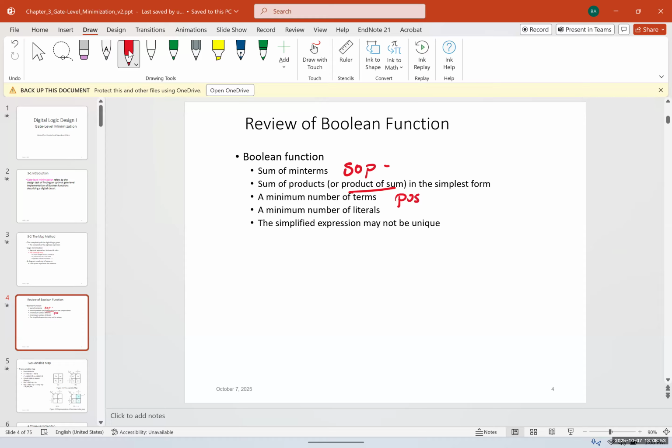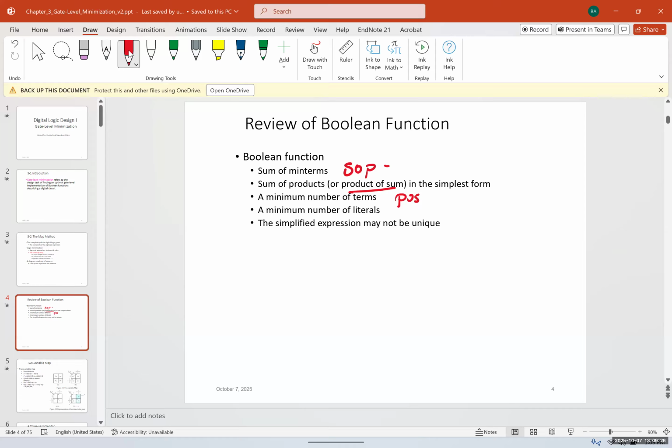We reviewed how we can get the minimum number of terms and minimum number of literals by using Boolean functions and Boolean theories. And we learned in the previous chapter that the simplified expression may not be unique. We may have 2 or 3 answers from a Boolean function, and all of them are correct.